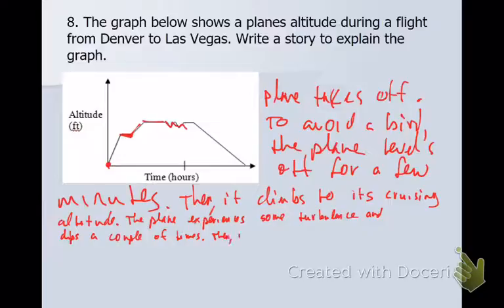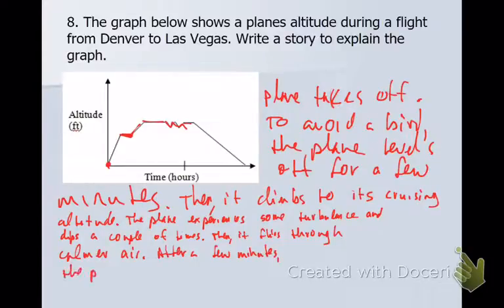Then it flies through calmer air, right? Because then it sort of levels off again at its cruising altitude. After a few minutes, the plane descends and lands.